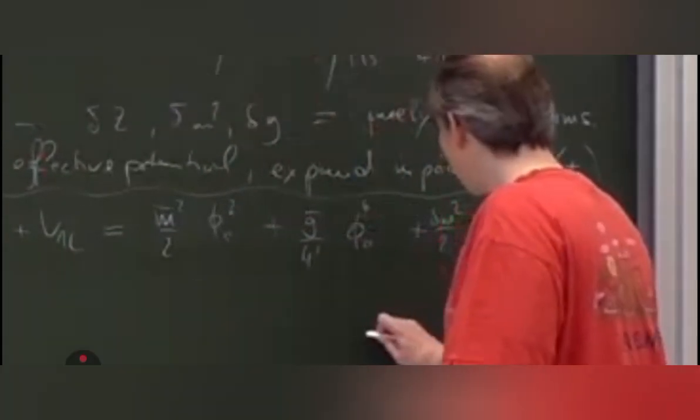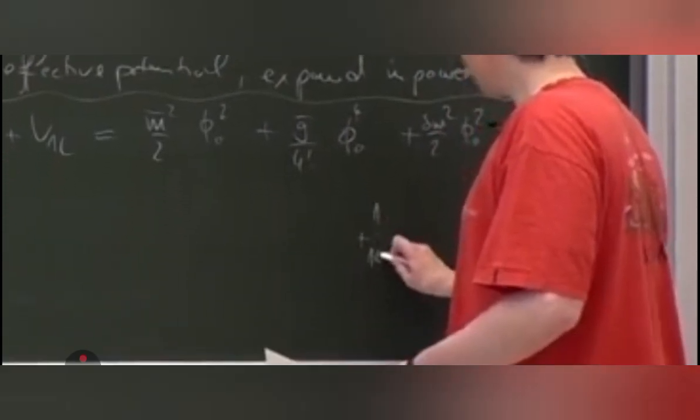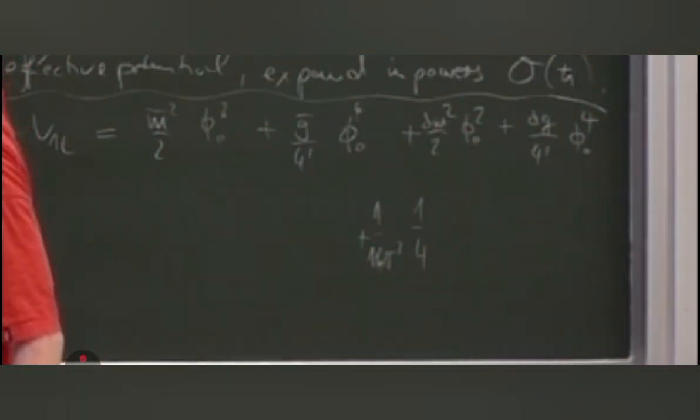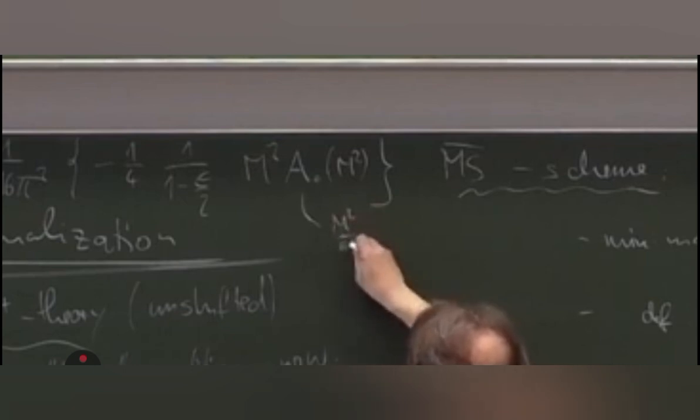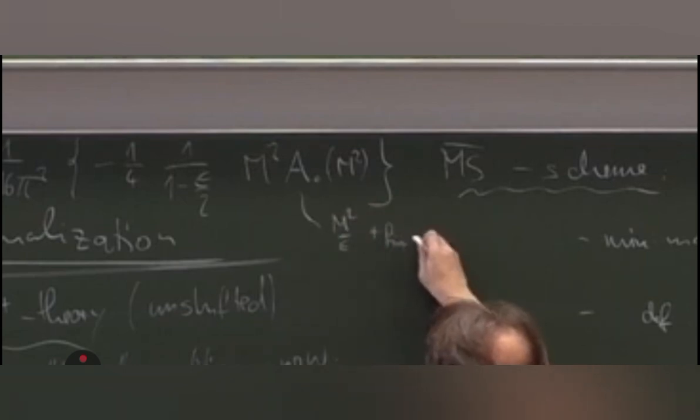which is 1 over 16 pi square times 1 over 4. And then let's just look at the divergent part of the A0, which is simply m squared divided by epsilon plus something finite.